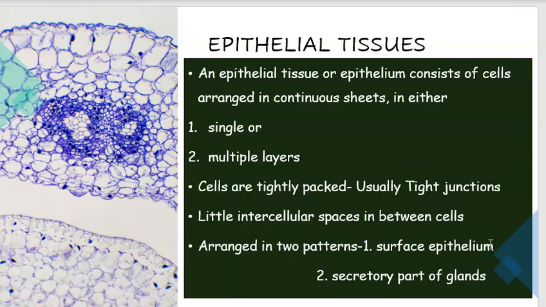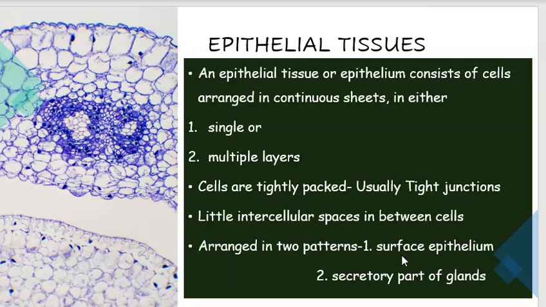And these serve the function of absorption, secretion, excretion, protection. And the other pattern which is found in our body is the glands, as a secretory part of glands, which secrete various enzymes, mucus, etc. So these are the locations where we find epithelial tissue.